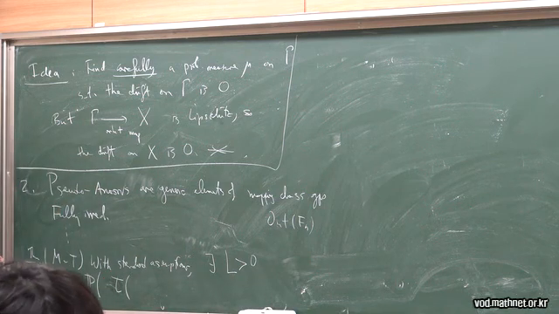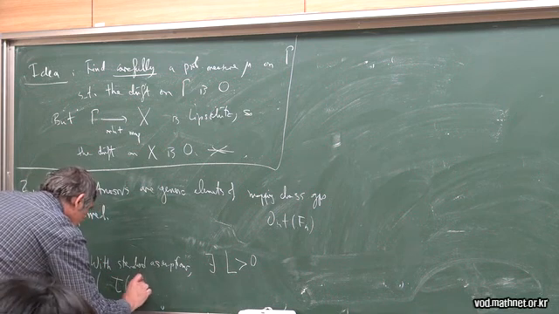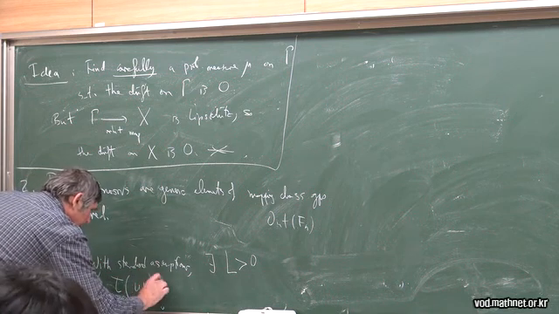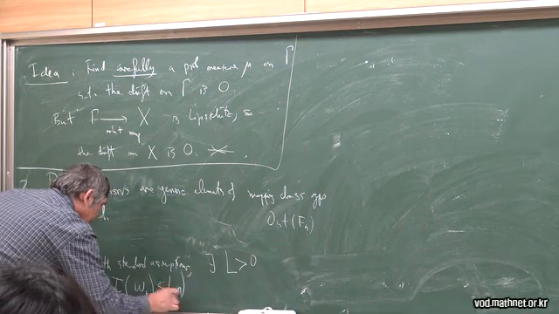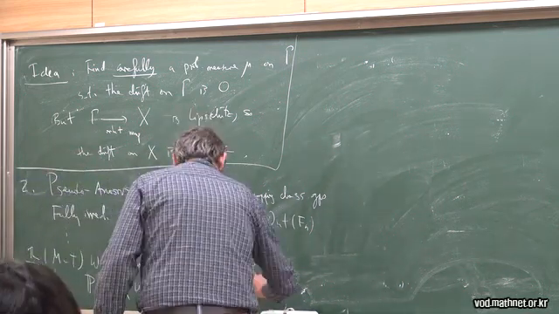Maybe I should remind you what translation length is, of omega n. Translation length of omega n is less than or equal to Ln. This goes to 0 as n goes to infinity.